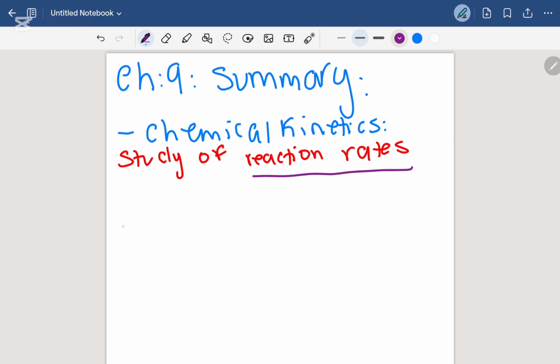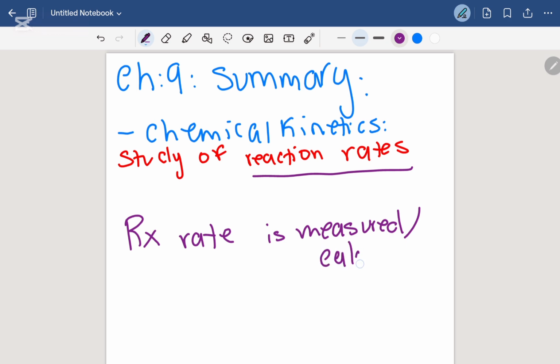Now, we have a reaction. We're going to denote it from now on as Rx. So the reaction rate, Rx meaning reaction, is measured or calculated. Of course, if we have a reaction, we need to measure or calculate its rate.